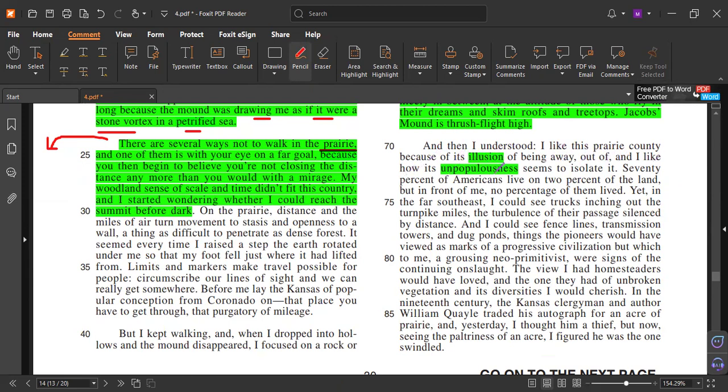Its unpopulousness, from the word popular, there is no population, seemed to isolate it, so there is no population of people. 70% of Americans live on 2% of the island, but in front of me, the percentage of them living there was tiny.